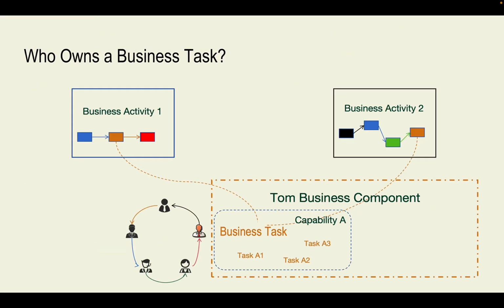A business task can appear in multiple business activities because it is conceptualized as a capability dimension, not the business process dimension. A business task belongs to a business component, just as an architect belongs to the digital department, or a back-end engineer belongs to the development department.